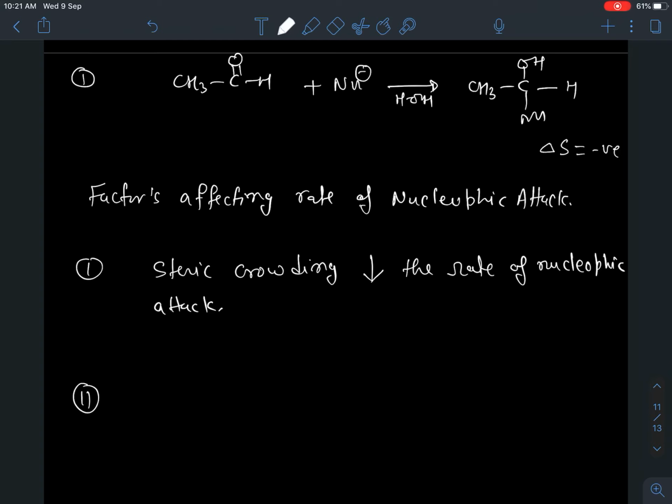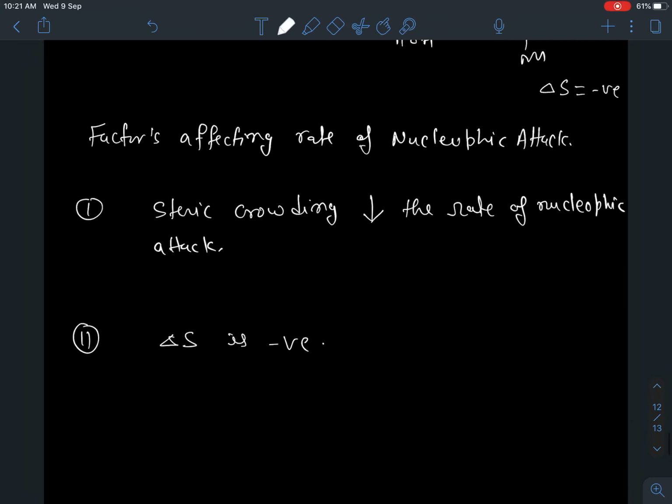Now if you go through the Gibbs energy equation, delta G is equal to delta H minus T delta S. If delta S is negative, then look at the outcome: delta S is negative, so this negative and negative will become positive. So basically this entropy factor is not supporting this reaction.